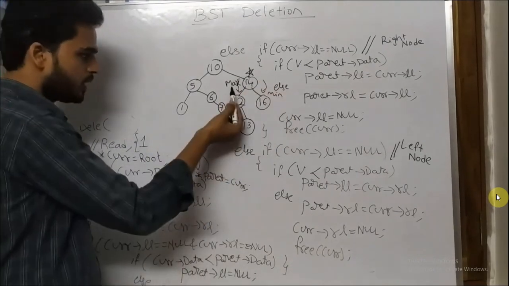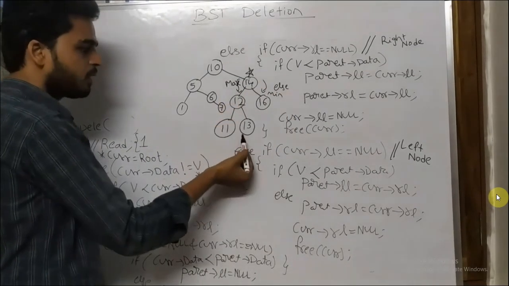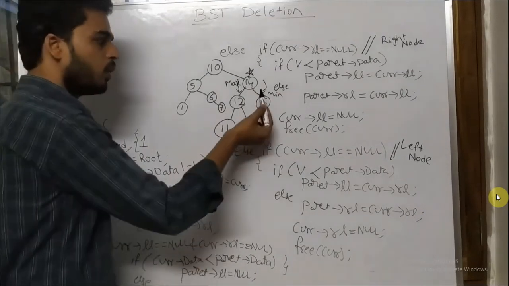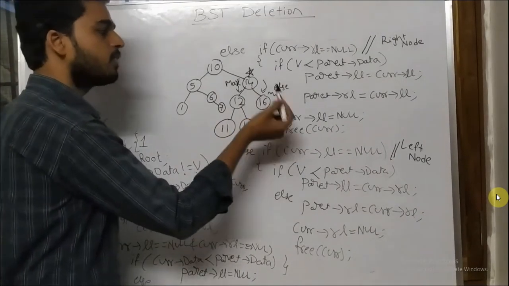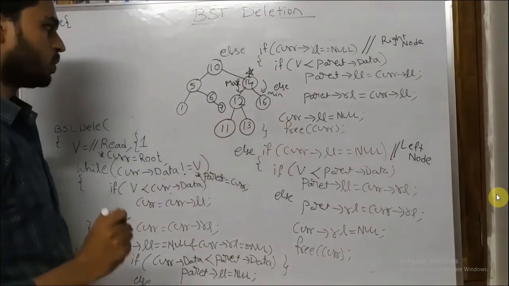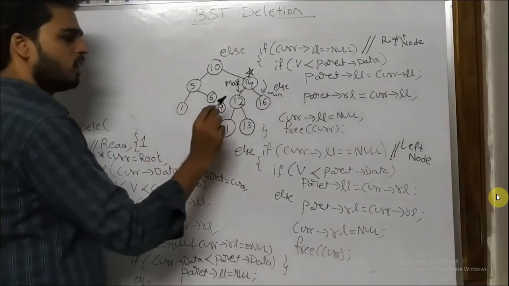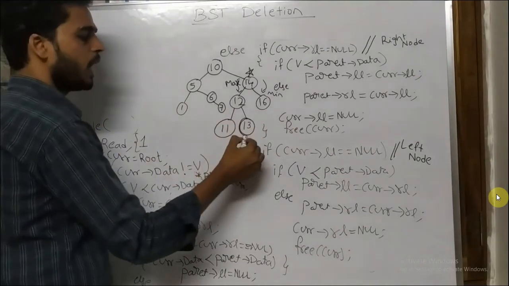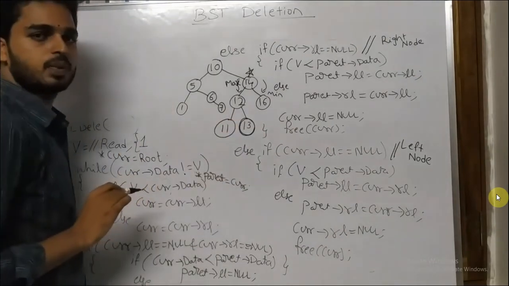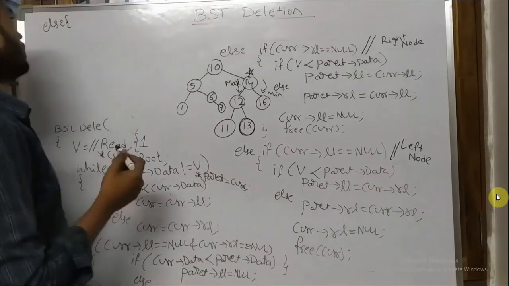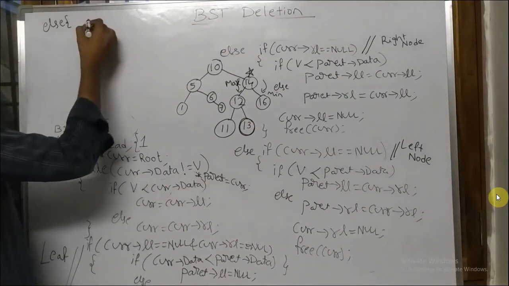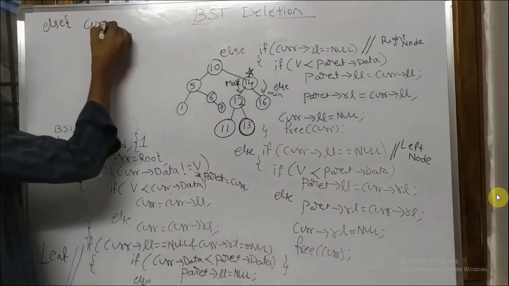Meaning the maximum value means the inorder predecessor from the left side, or the inorder successor from the right side. I have already defined. So we will write the logic to find the maximum value from the left side. For example, first initially I am pointing to the current location.